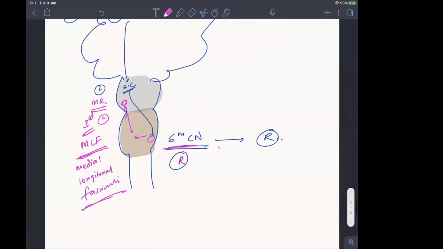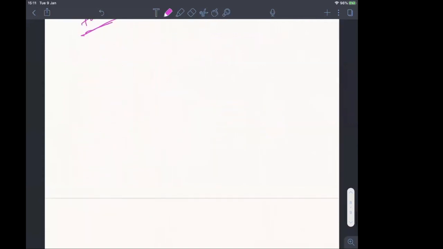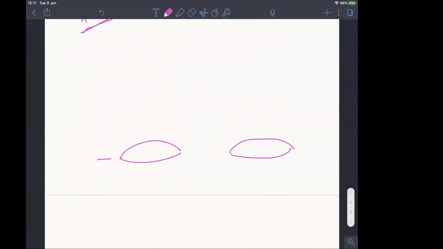Okay. Now I'll take this again because it might be confusing. So first let's draw the eyes. And so this is the right eye and this is the left eye, and you want to look towards the right. So your right sixth cranial nerve and left third cranial nerve.